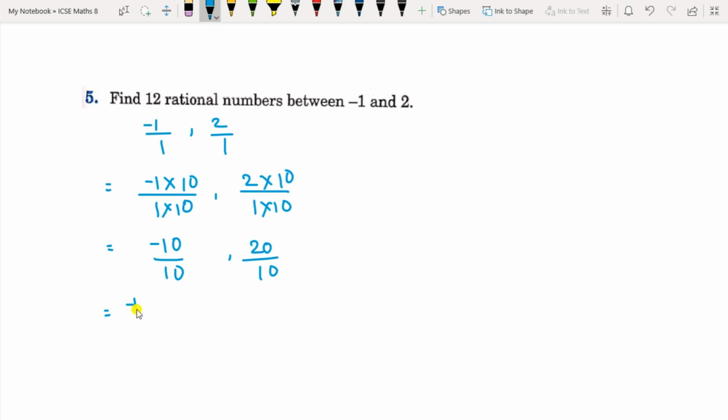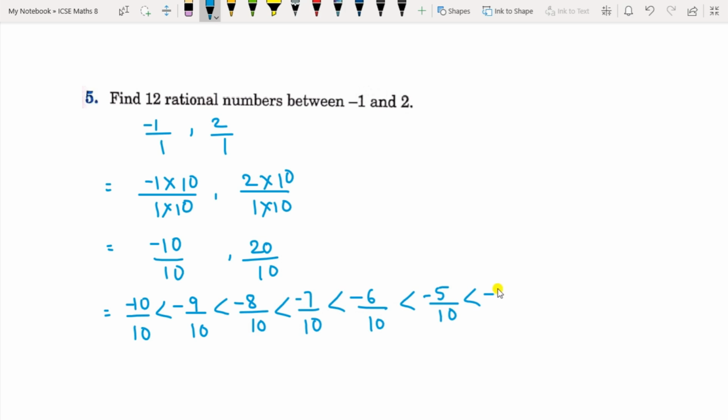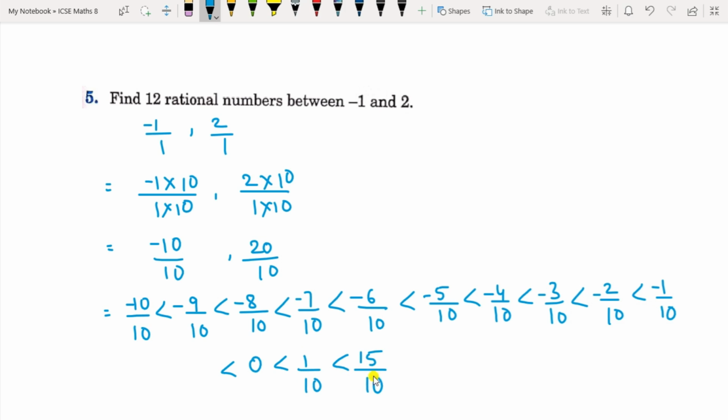So write those numbers. Minus 10 upon 10, minus 9 upon 10, minus 8 upon 10, minus 7 upon 10, minus 6 upon 10, minus 5 upon 10, minus 4 upon 10, minus 3 upon 10, minus 2 upon 10, minus 1 upon 10, 0 upon 10 is 0, then 1 upon 10, 2 upon 10, or I can simply write 15 upon 10, and then 20 upon 10.